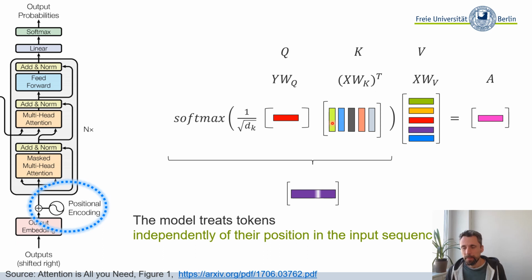Also those feedforward networks in the encoder and in the decoder are just touching single elements, single tokens, right? So they map single tokens to single tokens. So we need a way to integrate this positional information in order for the network to learn something meaningful.